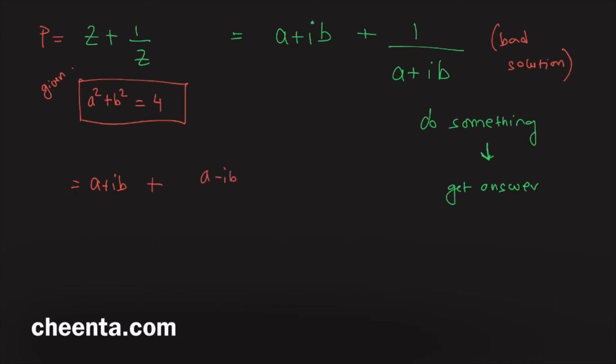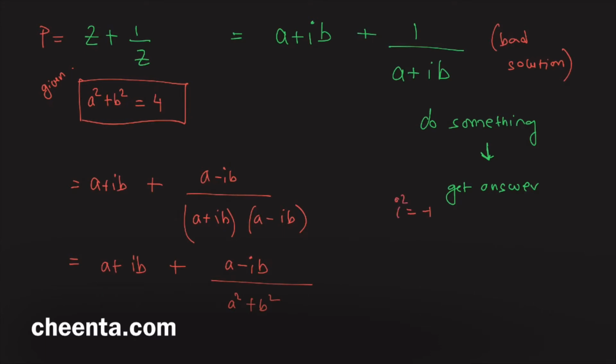So a minus ib, and a plus ib times a minus ib. So this is a plus ib plus a minus ib divided by a square plus b square, because i square is equal to -1. So you can do the computation here. Okay, so a square plus b square is 4.